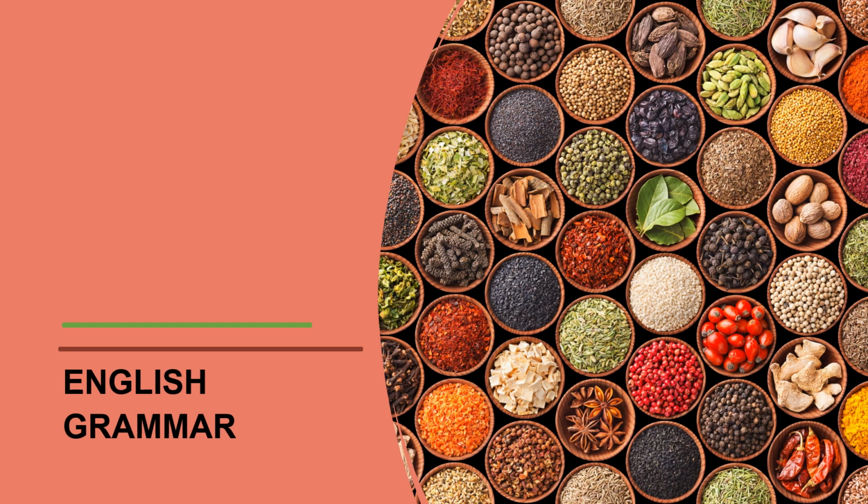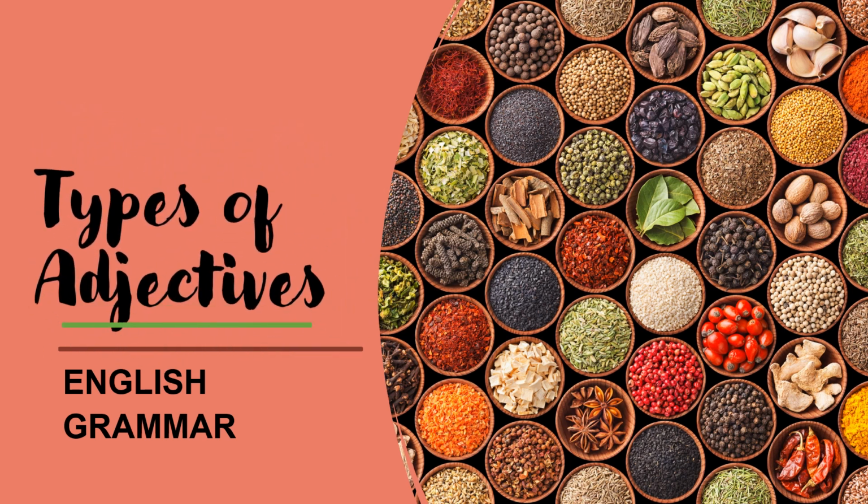Green, leaf-shaped, hard, brown, spiral, long, round, oval, white, red, orange, flower shape, grains, powder, etc. So what I've done here is to describe these spices, which leads us to the describing words that we are going to learn today, and that is types of adjectives.